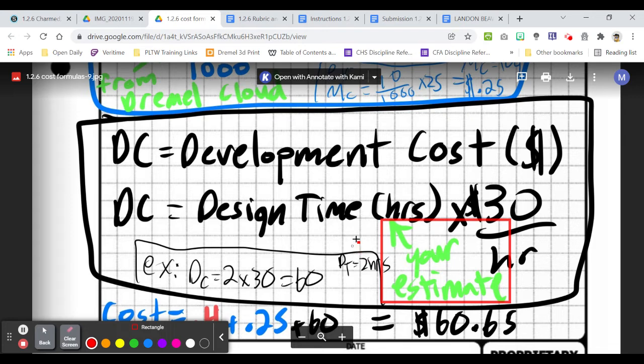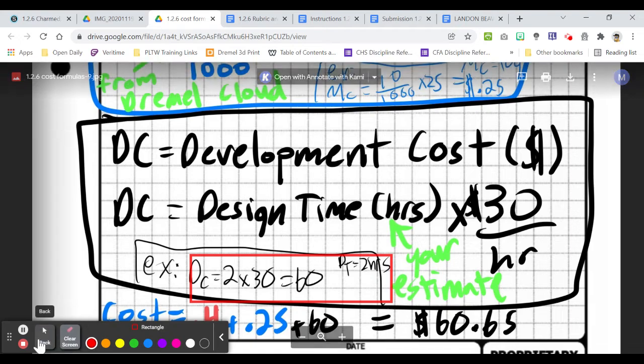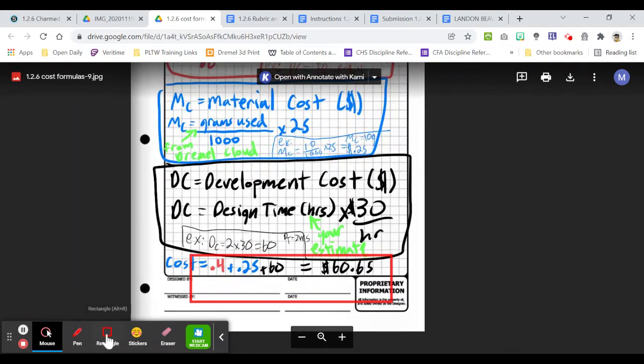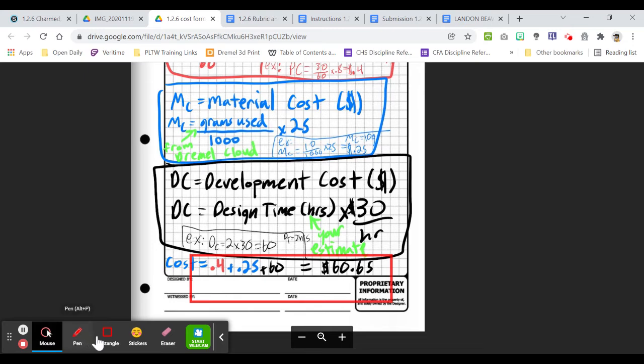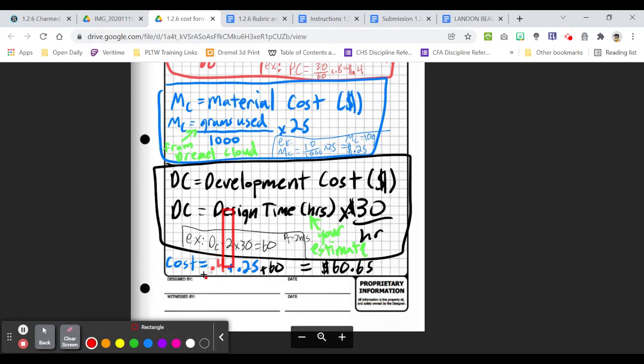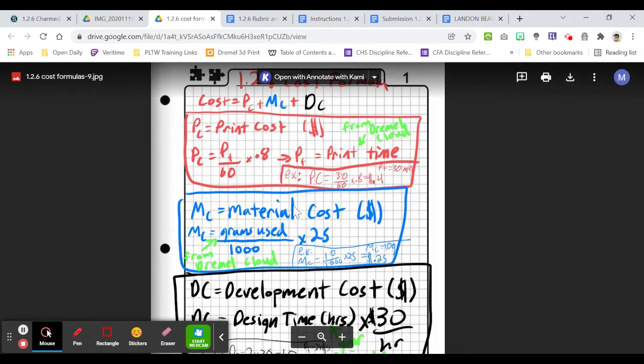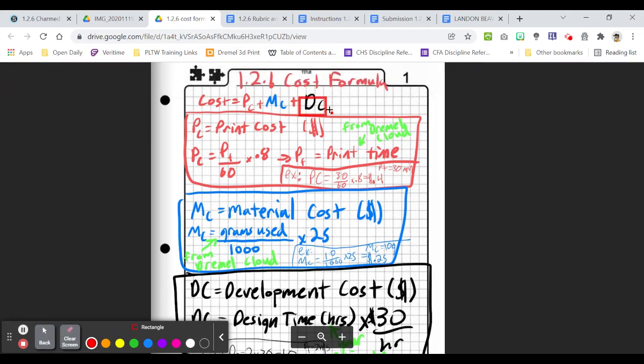So if it took you a little over 3 class periods to get your STL file to me, you could say your design time is 3 hours. In this example, I have 2 hours estimated times $30 an hour gives me $60 for development time. And that number will go right up here in development cost.